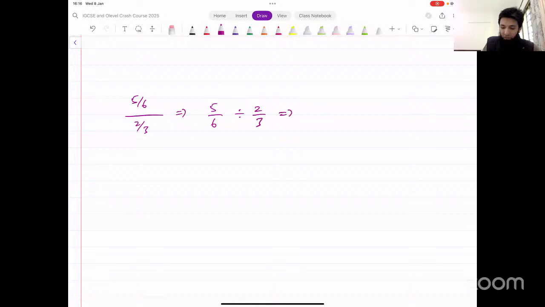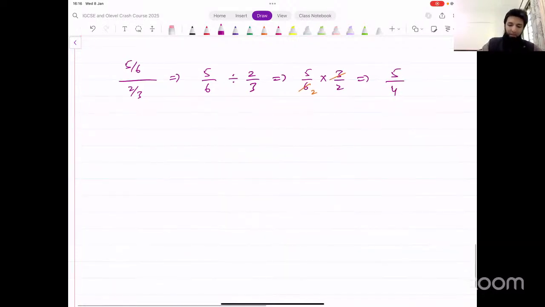And then you convert it to a multiplication thing. So it becomes 5 over 6 into 3 over 2. And now you can just multiply these numbers directly. You can do some cancellation as well if you want. For instance, in this case, 3 and 6 get cancelled when you have 2. And in the numerator, you just have 5 left now. And in the denominator, you've got 2 times 2, which is 4. And that gives you 5 over 4.